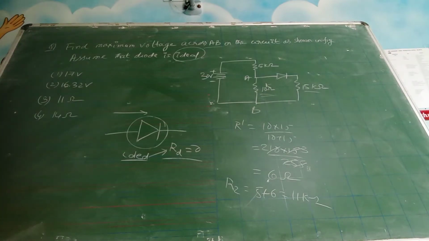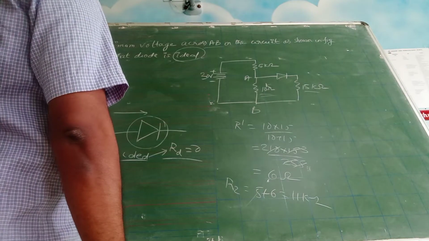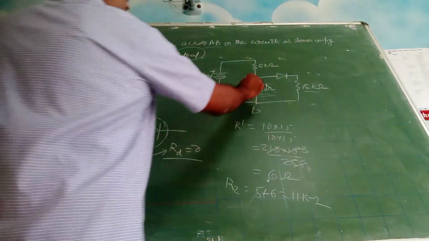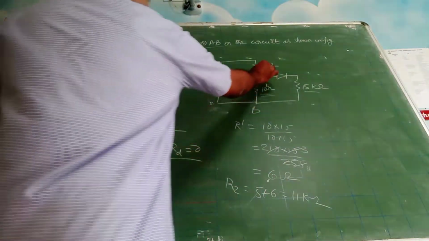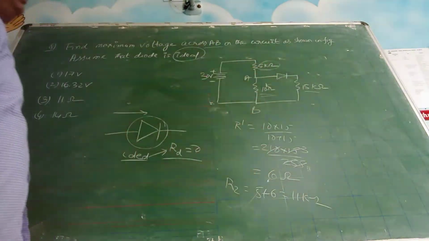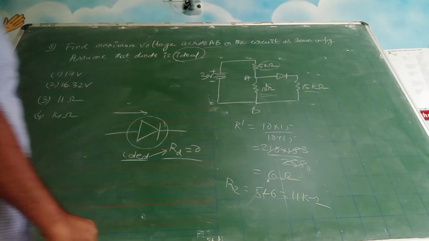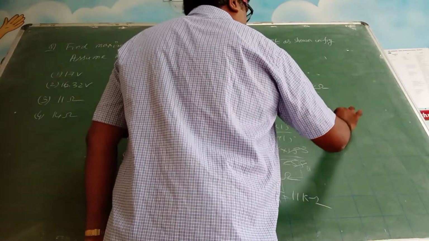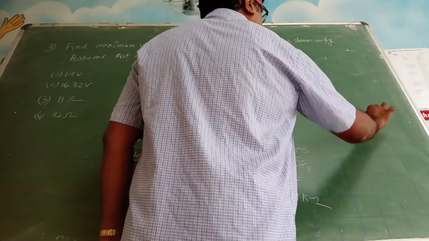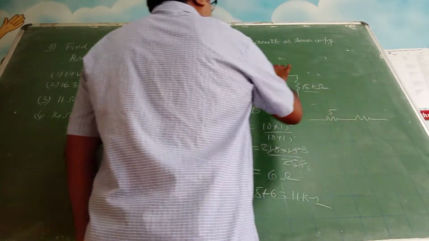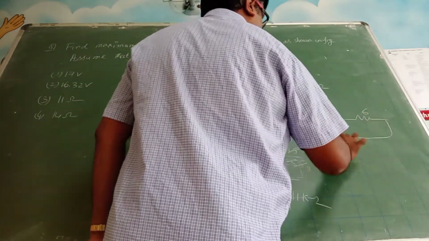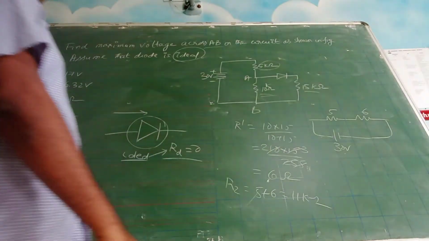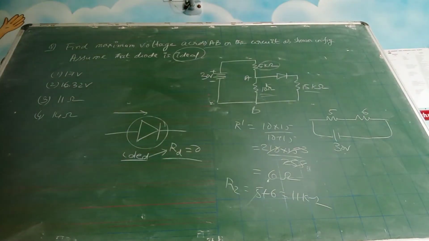So we have to find out what is the maximum voltage across AB. There is a 5 kilo ohms, it is now like this. You have a circuit, this is 5 and this is 6, connected to a battery of 30 volts. So how much will go through 6?